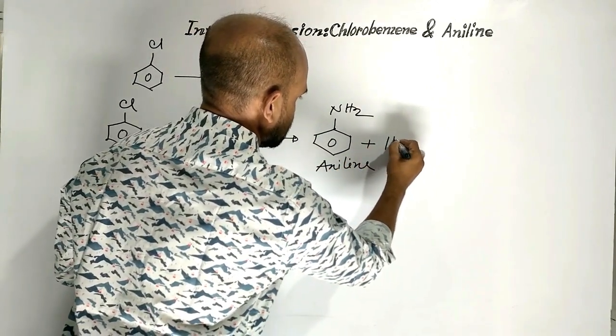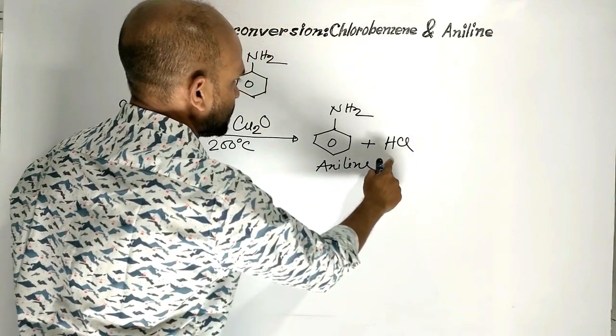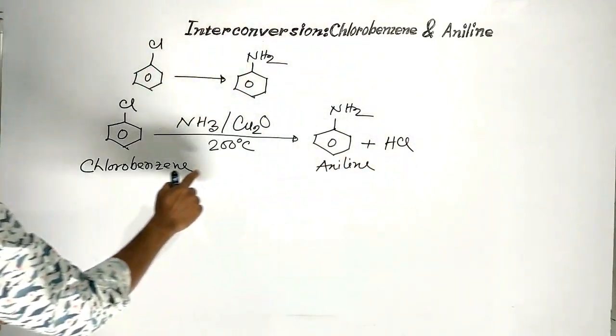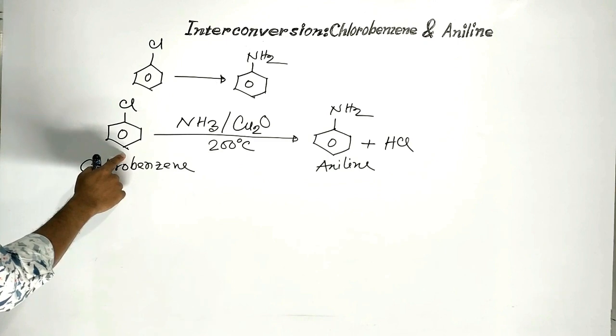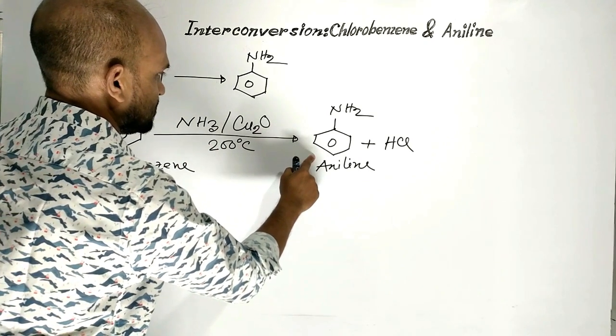Here, HCl is formed as byproduct. So, this is the reaction through which chlorobenzene is converted to aniline.